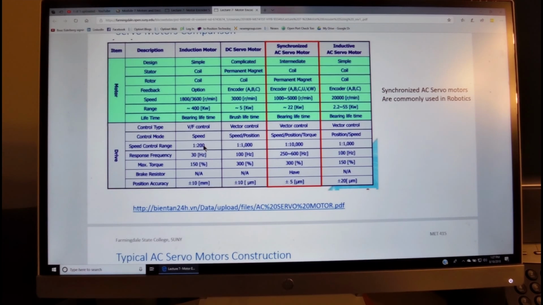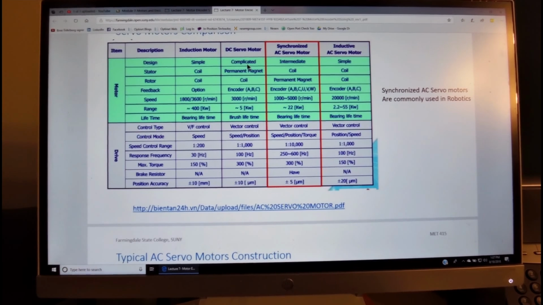So if we move at a certain RPM, then 1/200 of that is the way we can control it. And then the frequency response, the bandwidth, is about 30 hertz. We can produce 150% of the rated force torque as a peak torque, and it has a position accuracy very close, so plus or minus 10 millimeters.